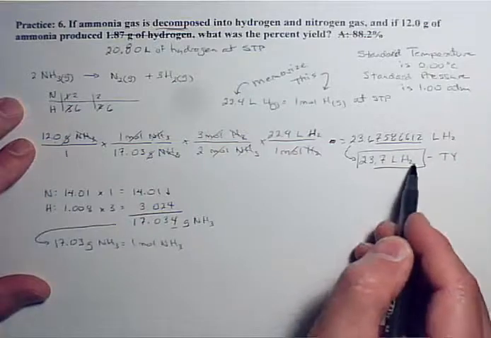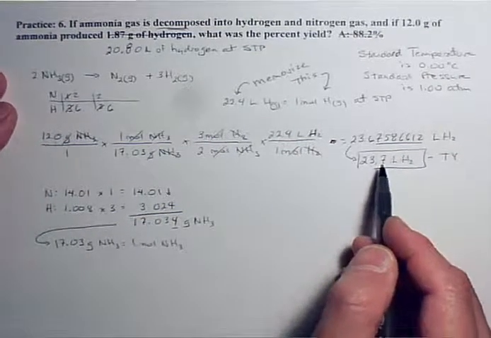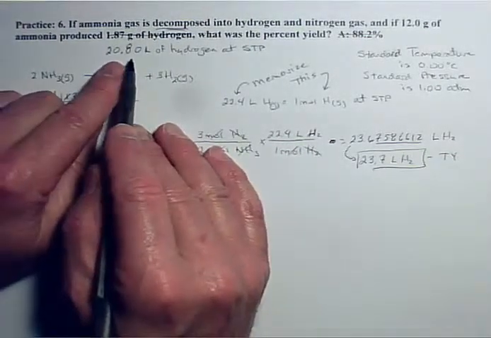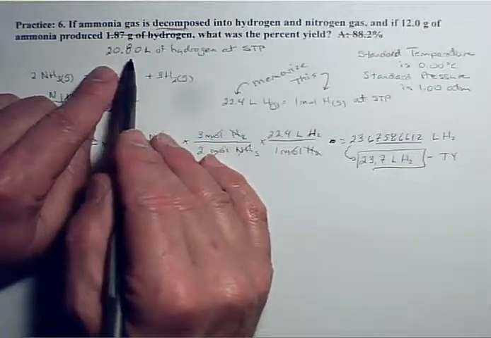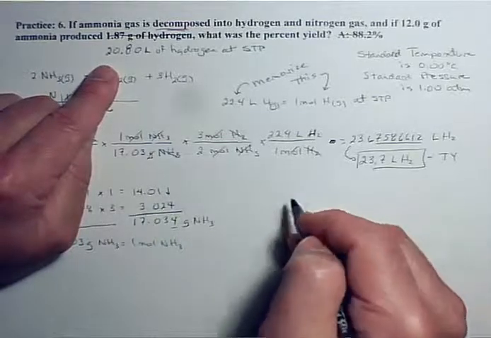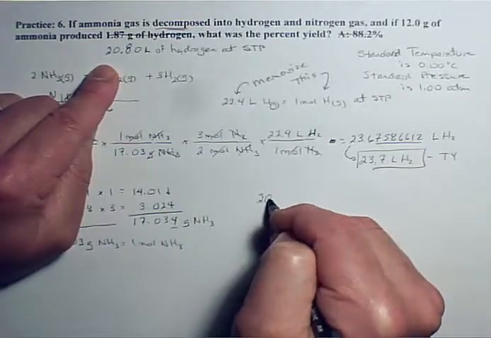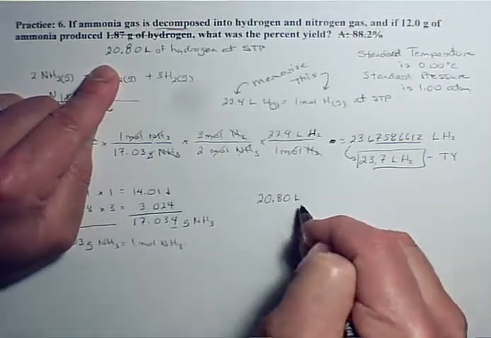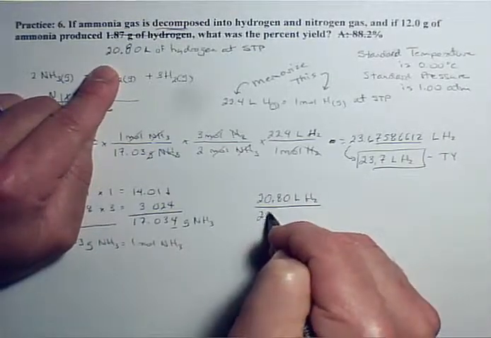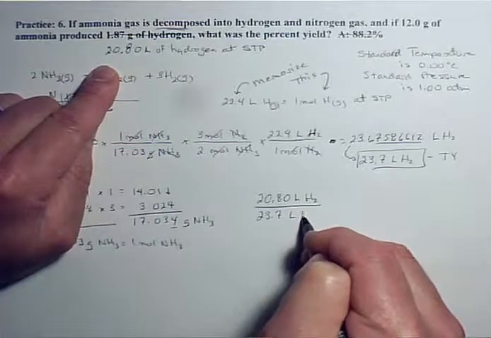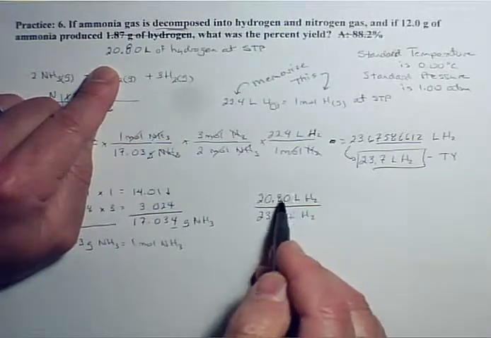Okay. So now that we got a theoretical yield, we can figure out a percent yield. If this is our actual yield, and that's what it means, we produce this amount, all right, then we're going to take that actual yield of 20.80 liters of hydrogen gas and put it over 23.7 liters of hydrogen gas.